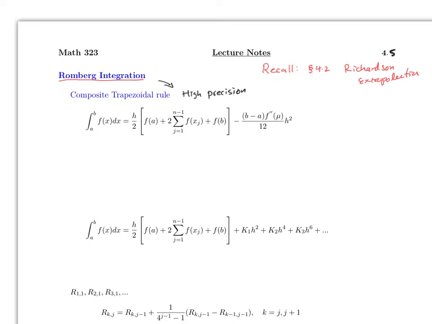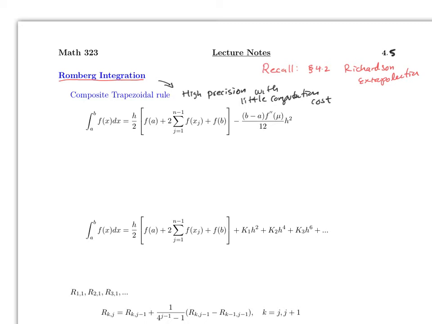So high precision with little computational cost. And computational cost means the method we're going to use. The trapezoid is straightforward. These values are given or are easy to compute, and you just have to add them up.